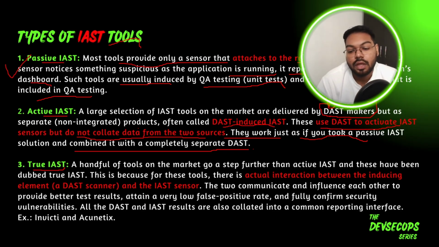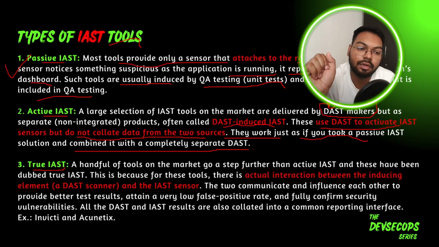Now I would stand up, pull a trigger on the messenger, and see how your response is. That is what I would trigger. The DAST tool would simulate an attack to activate the IAST sensor. That is what we mean by that.